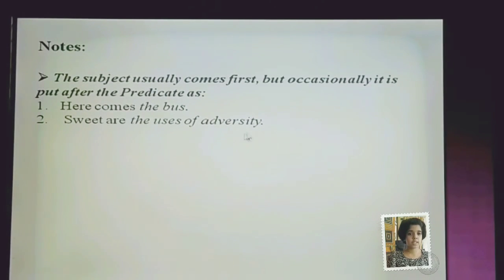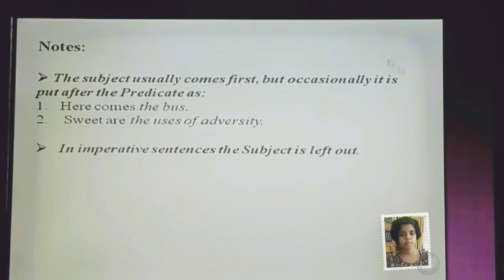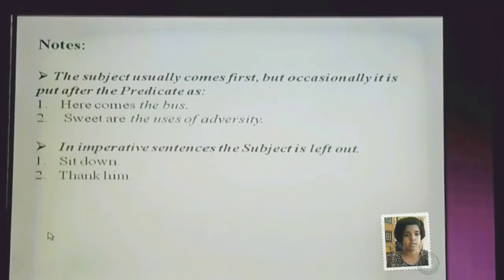Here the uses of adversity is the subject, but it comes after the predicate, sweet are. In an imperative sentence, the subject is left out. Example: sit down. Thank him. In both sentences the subject is missing and "you" is understood.